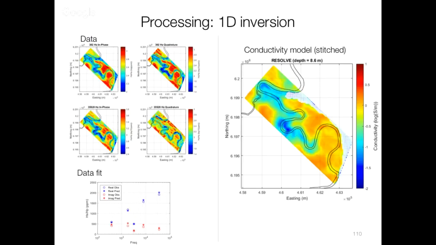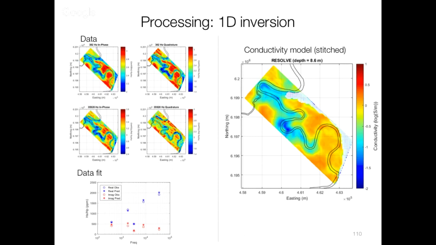I'm just looking at your data fit down there on that one. This guy? Yeah. Do you think you're fitting the data there? Yeah, it's not too bad. That's pretty good, right?